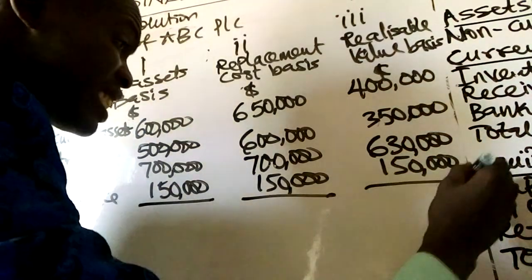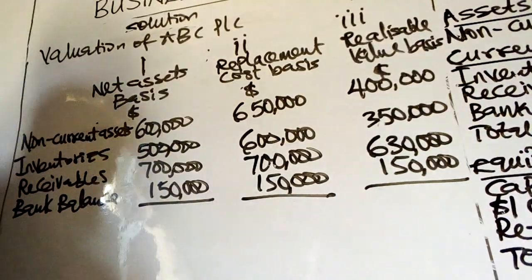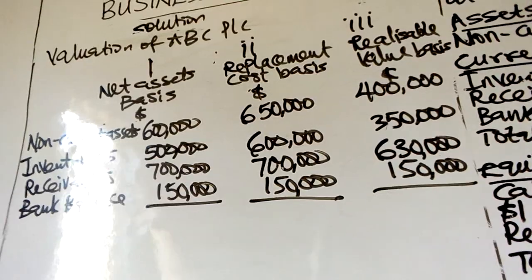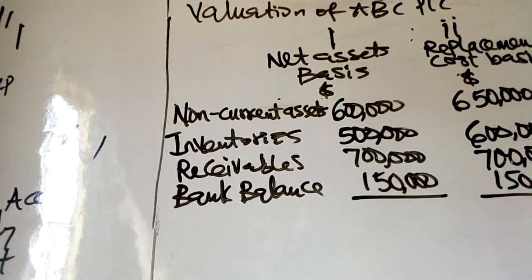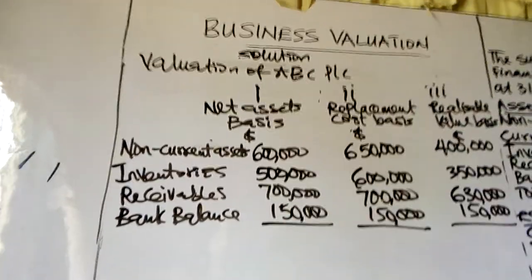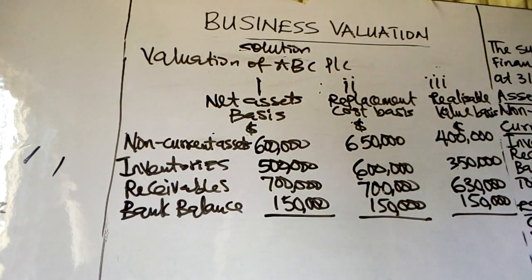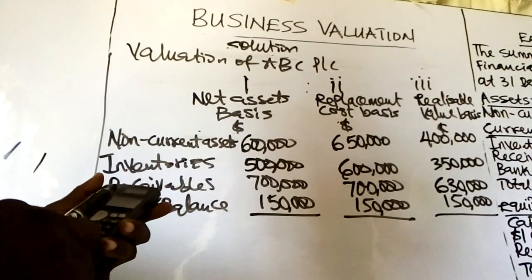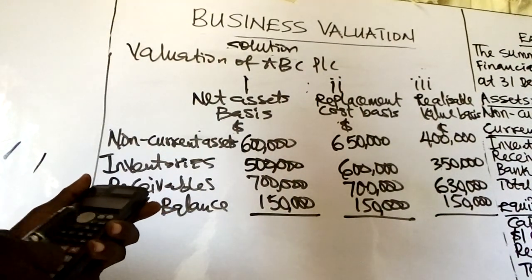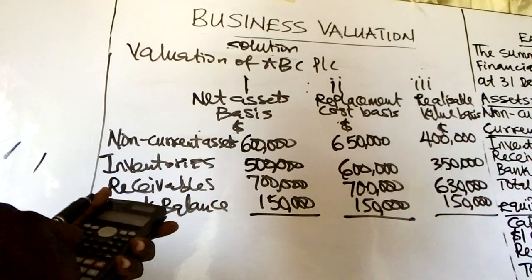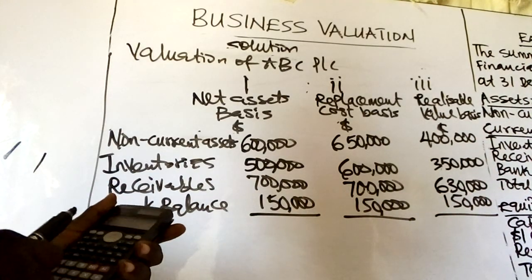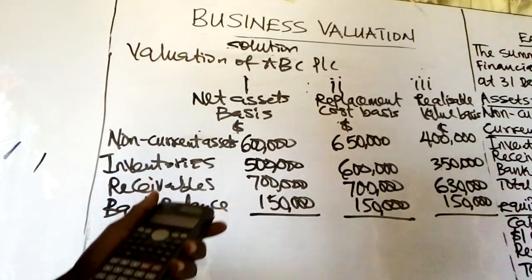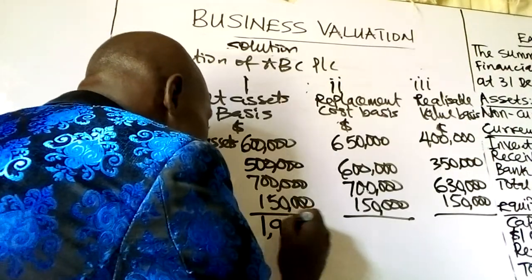You now sum up the assets. 600,000 plus 500,000, that will be 1.1 million, plus 700,000 plus 150,000, and then you have 1,950,000.